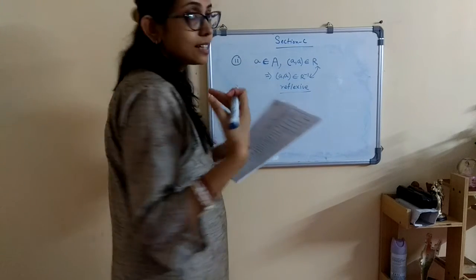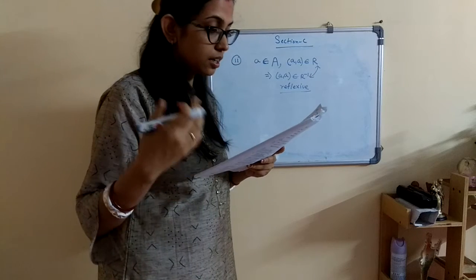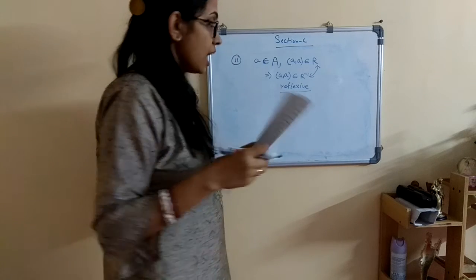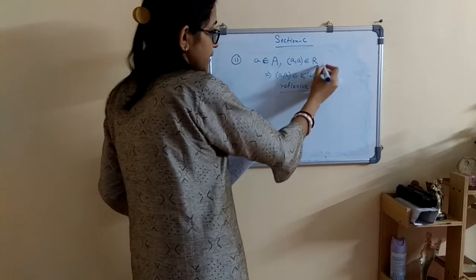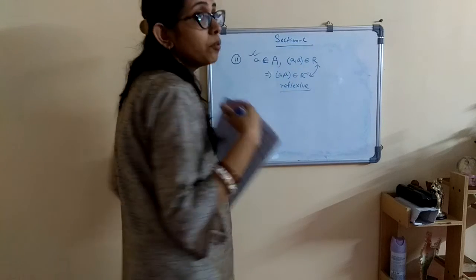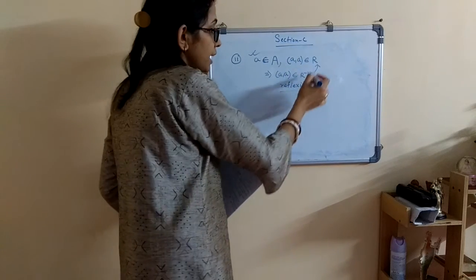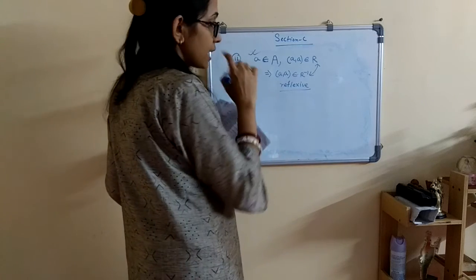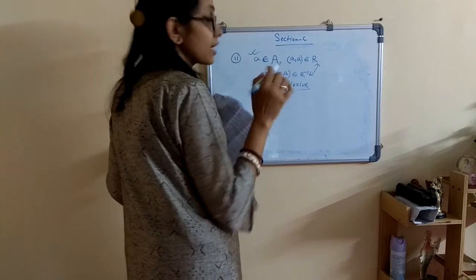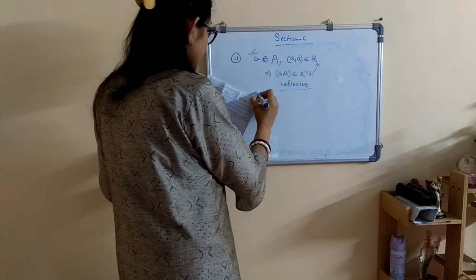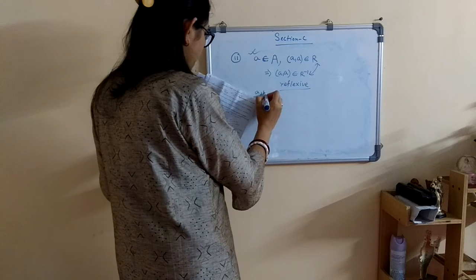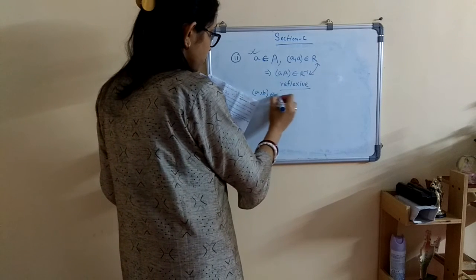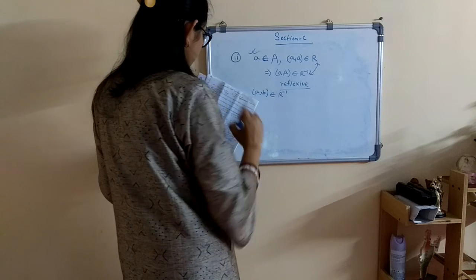Now let us see what the transitivity property tells us. Now R is reflexive from this relation. So now we will see that both R and R inverse are reflexive for this situation. Now we will see how R and R inverse are transitive. For that, let us consider two elements (A, B) belongs to R inverse. Fine.